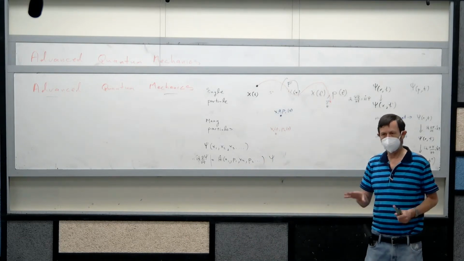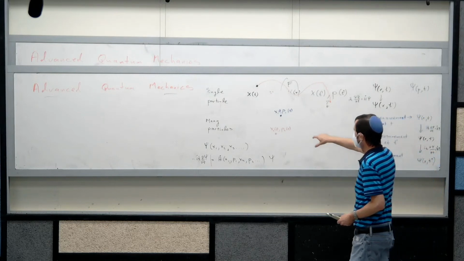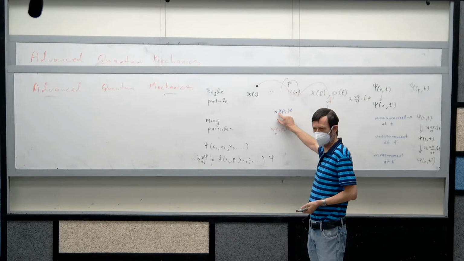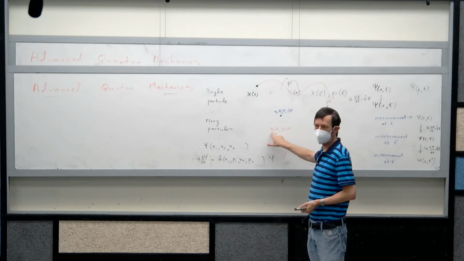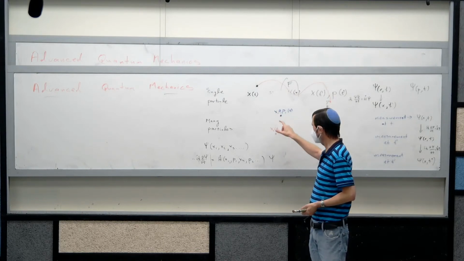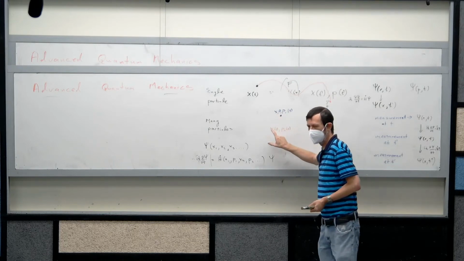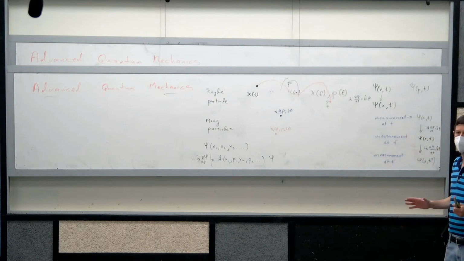Okay, perform the measurement. I know that I have a blue particle at x1, p1, and a red particle at x2, p2.